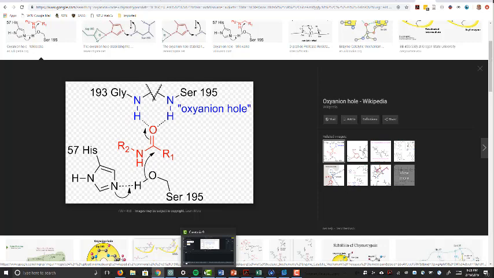And so this is an example. This is an intermediate that it's in theory going to be stabilizing, but the transition state of the reaction is probably going to look a lot like that intermediate, where you have that oxyanion formed.